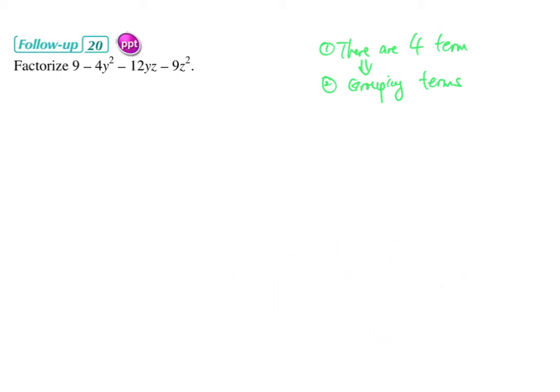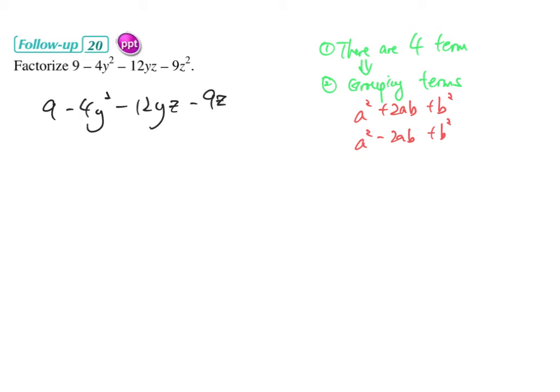If we want to use a 3 by 1 method to factorize, that means we should have something like this or something like this. And in this polynomial, actually the most possible way to factorize it is maybe this is the first term, the a squared term, and this is the b squared term.